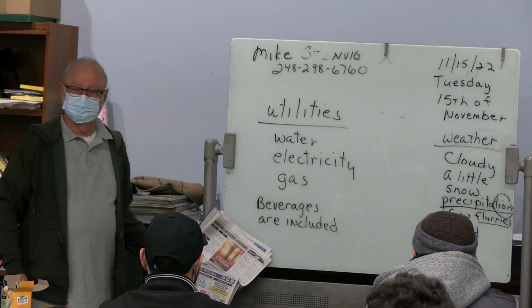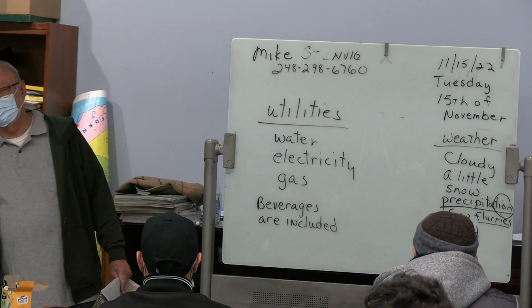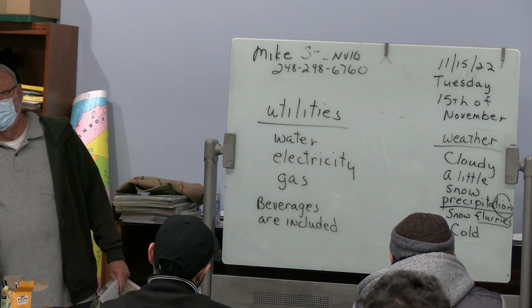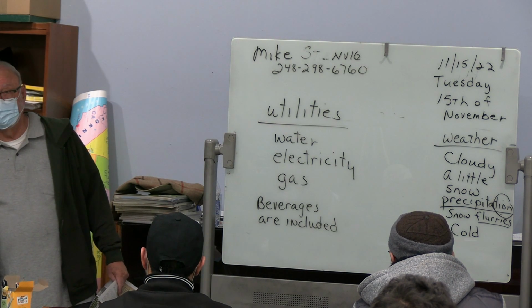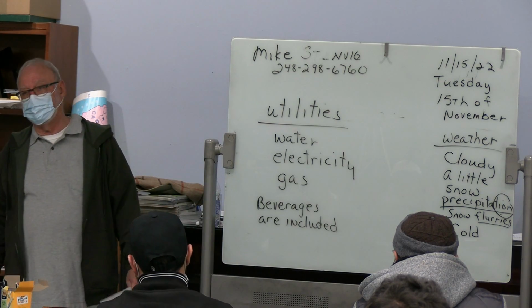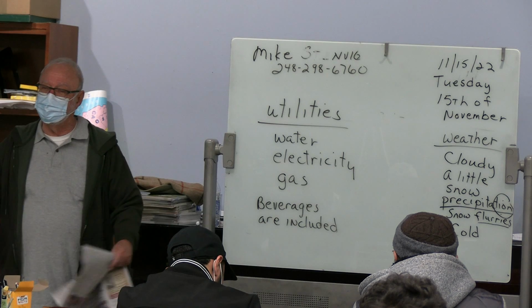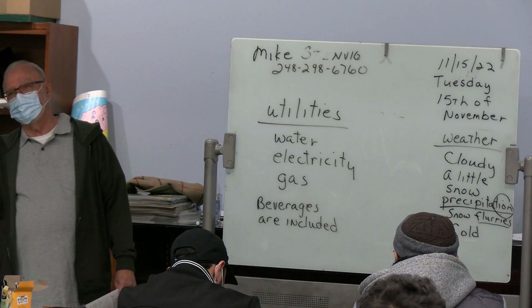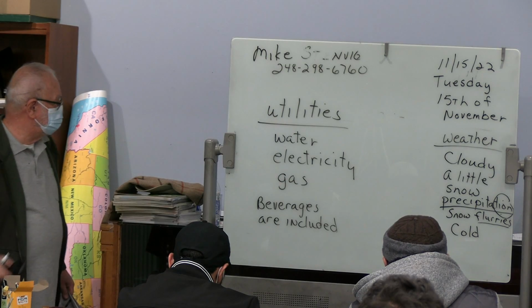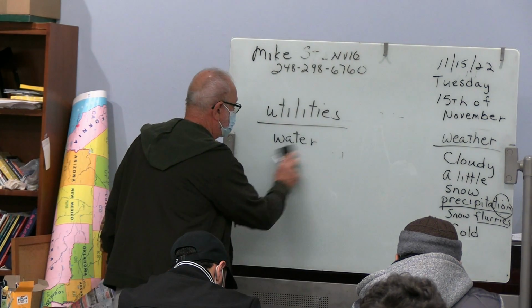Beverages are included. What does that mean? Included. Do you have to pay? No. Beverages included means it comes with the dinner or whatever you're ordering. Included means it's part of what is given to you, included. So let's go back to our newspaper here.